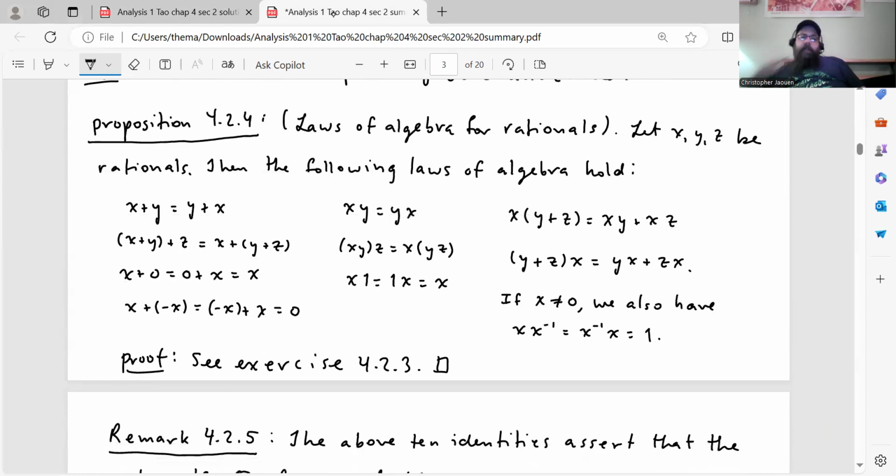All right, that's this proposition here, which is the laws of algebra for rationals, which looks very similar to the laws of algebra for the integers, except here we're dealing with rational numbers, and we get that extra tenth property, which is that if X is not 0, then X times its reciprocal equals its reciprocal times X, which is equal to the multiplicative identity on the rationals, which is the number 1.